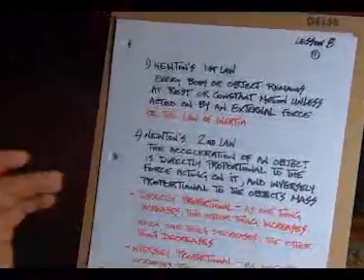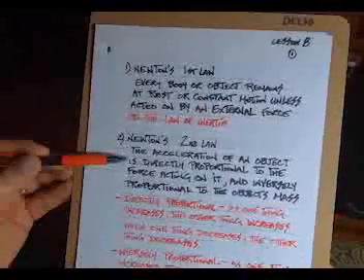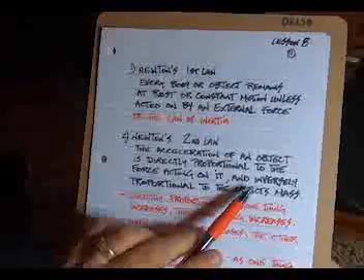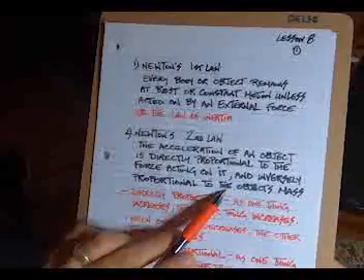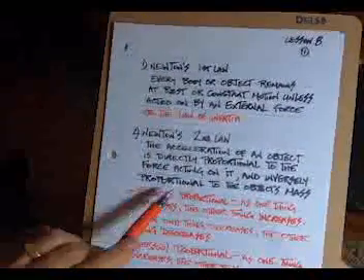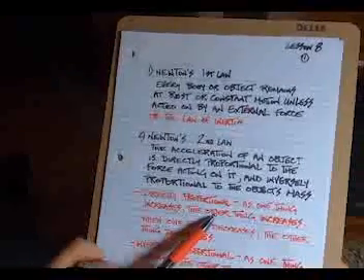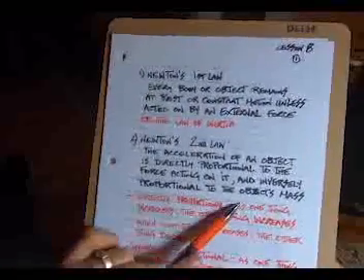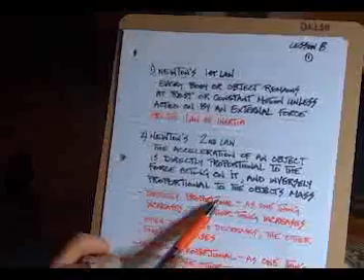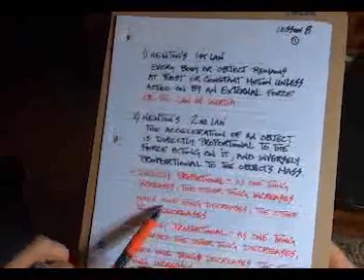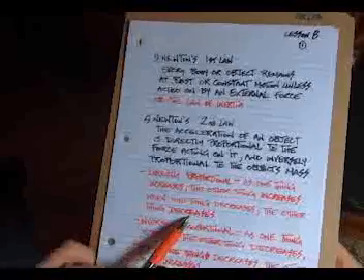The second law, acceleration is directly proportional to the force, and then it is inversely proportional to the mass. Directly proportional means as one thing increases, the other thing increases. As the force increases, the acceleration will increase. When one thing decreases, the other decreases.